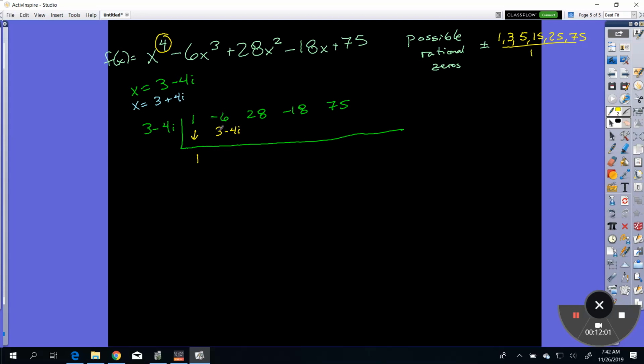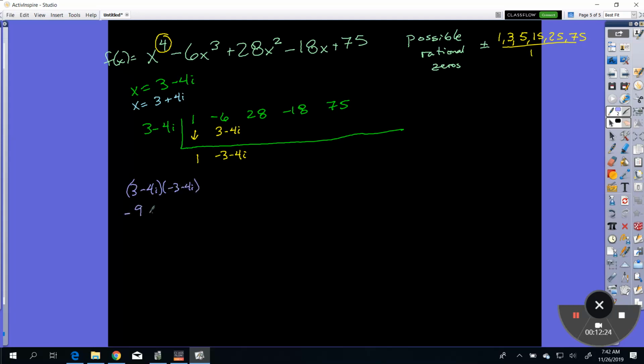So negative 6 plus 3 is negative 3. So 3 minus 4i times negative 3 minus 4i. See, it's a lot of work because you have to do all of this. And since they're opposites, you know what's going to happen, right?